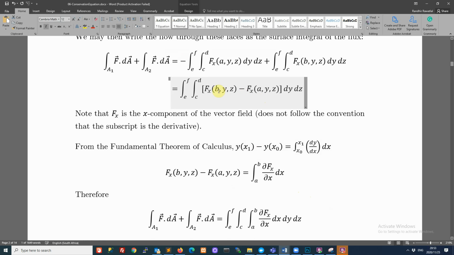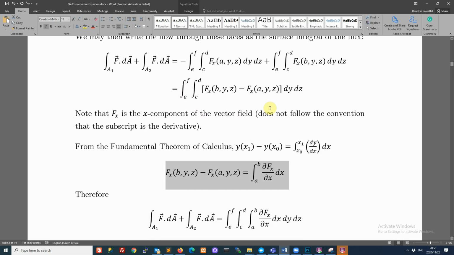So instead of writing this difference, Fx at b minus Fx at a, we can say this is the derivative of Fx. So it's d/dx of Fx, over the range a to b. So we can replace this part by this integral, and this comes straight from the fundamental theorem of calculus.